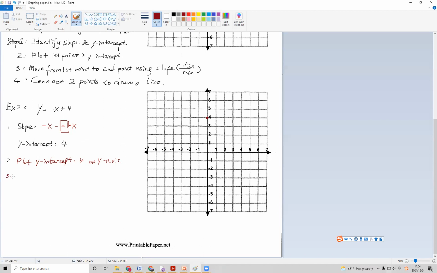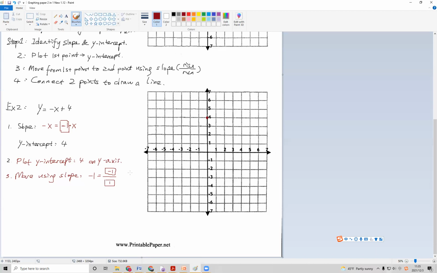Step 3. Now you can move, using the slope, which is negative 1. Rewrite negative 1 into fraction form. We can do negative 1 over 1.